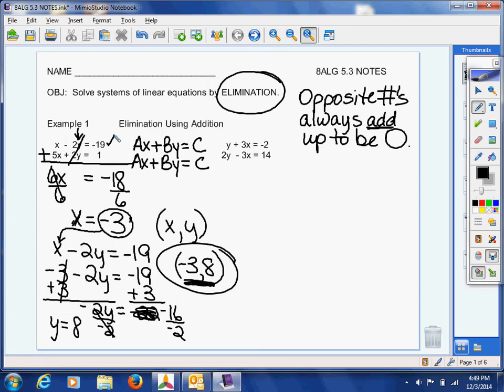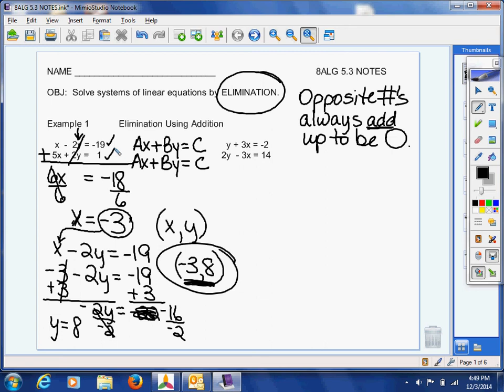Negative 15 plus 16 is 1. It checks out. So this is something you can do in your calculator. You can do it mentally if you're real good with your mental math. If you're kind of spotty with your mental math, you might want to check it with a calculator. Okay? All right, let's look at this second one here.